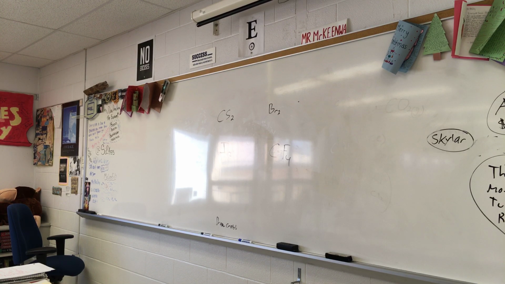Now remember, these are all covalent. What's another word for that? Molecular. So they all do what with their electrons? Share. But polar means they share unequally. Non-polar means they share equally.